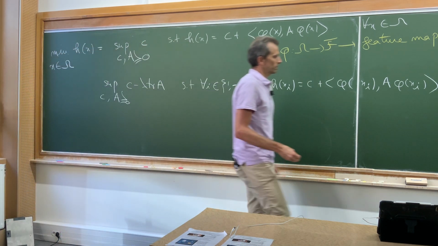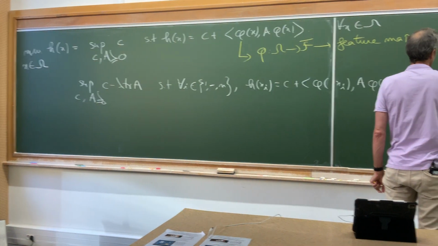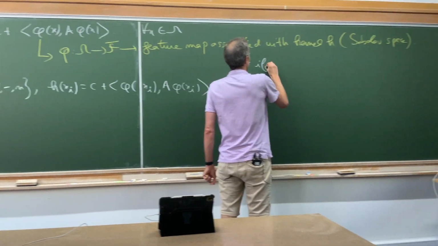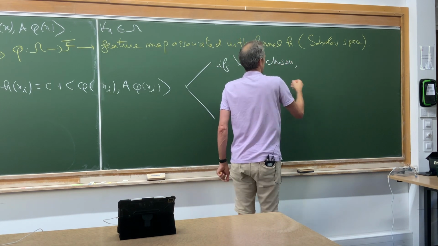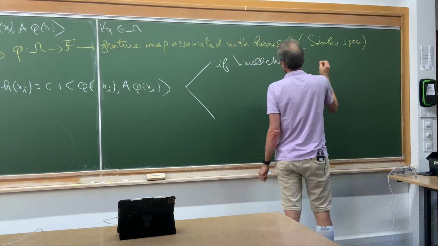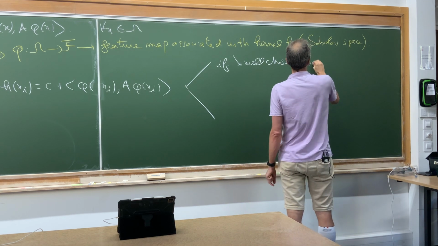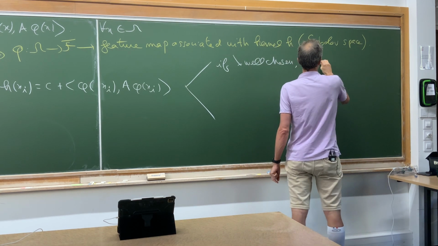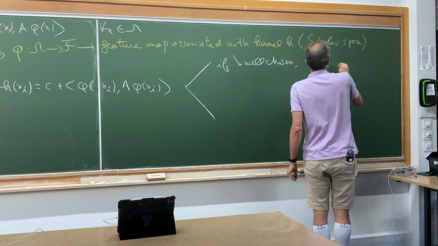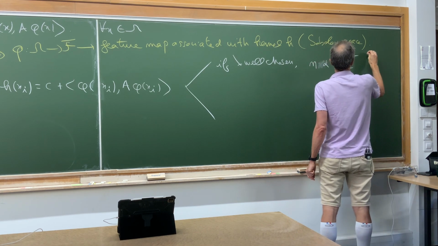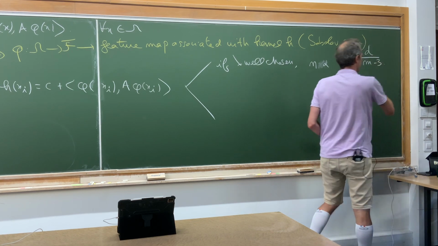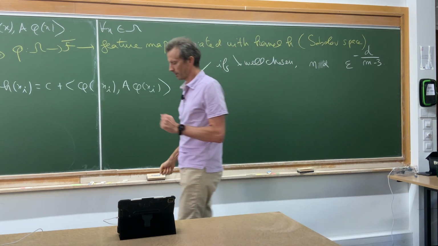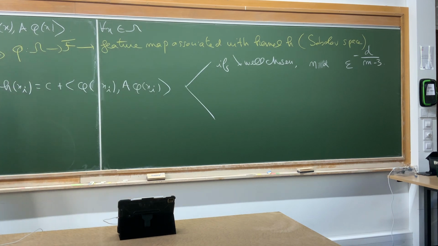What I alluded to yesterday is that if lambda is well chosen, then the number of samples needed to get precision epsilon was of the order proportional to epsilon to the minus d over m minus 3, where m is the number of derivatives that you have on the function h.